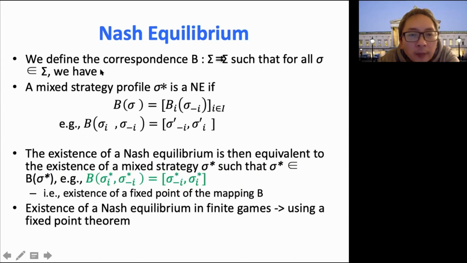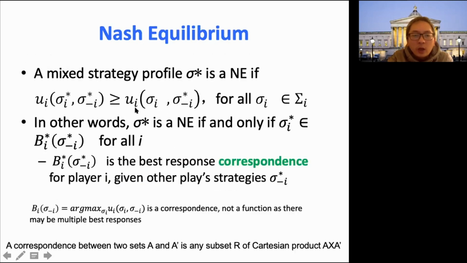The correspondence B, as we defined, is a set-to-set mapping. For all the sigma here, we can put them together.